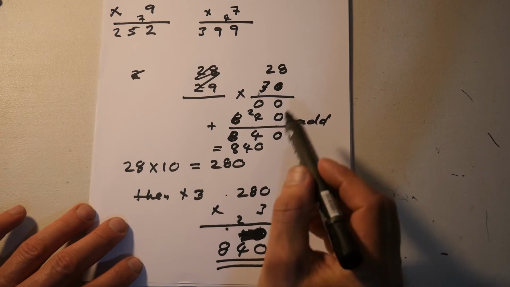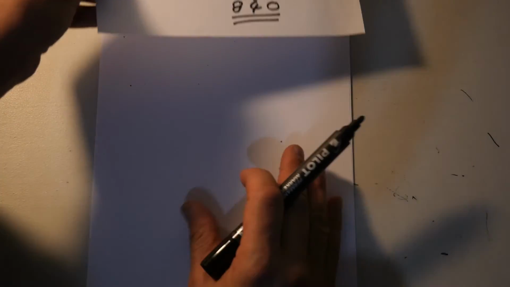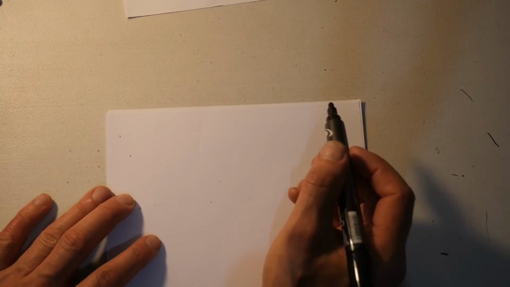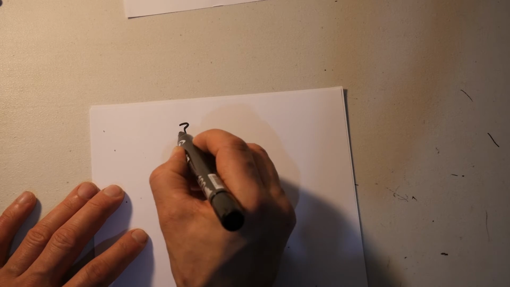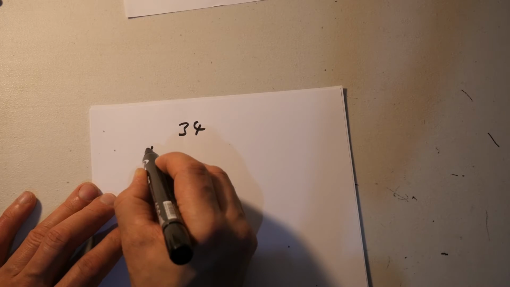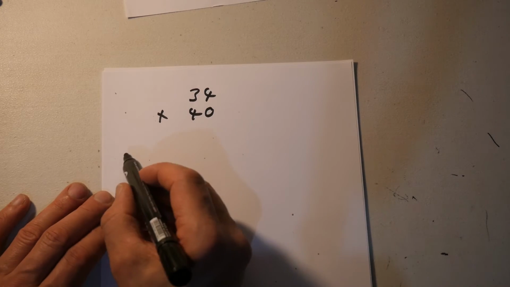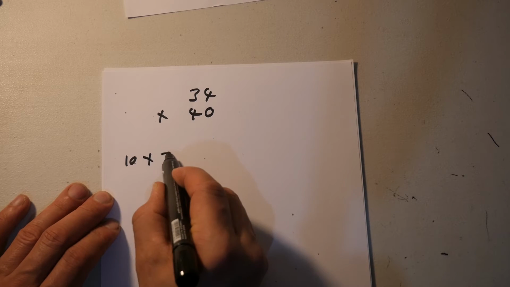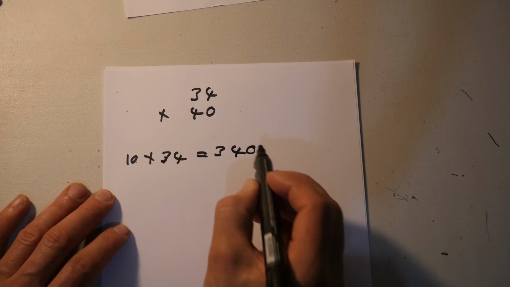So anyway, I fixed it. So I'll do another one to demonstrate that a bit more clearly. So you've got 34 times 40, okay? So I started doing 10 times 34, which was 340, okay?